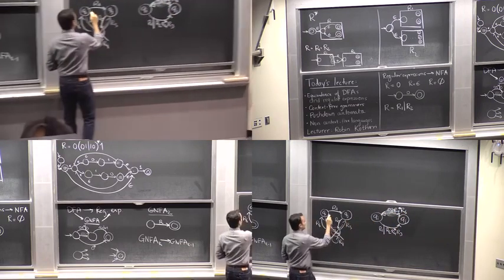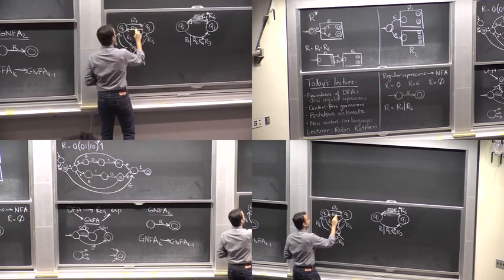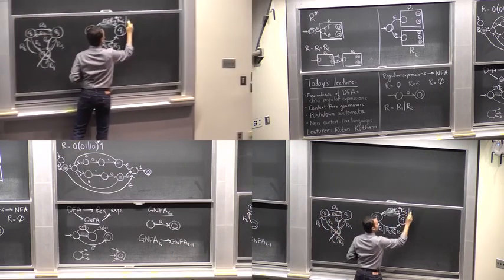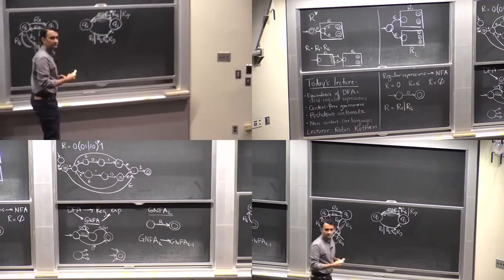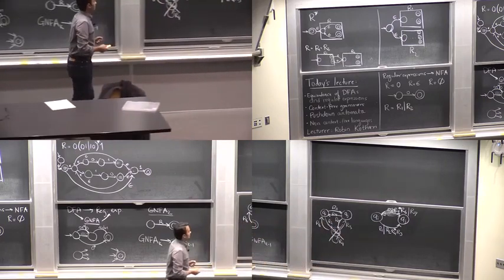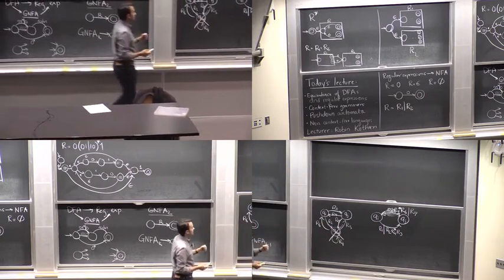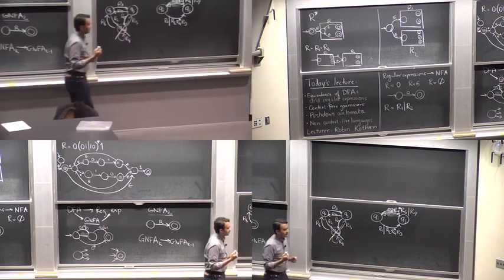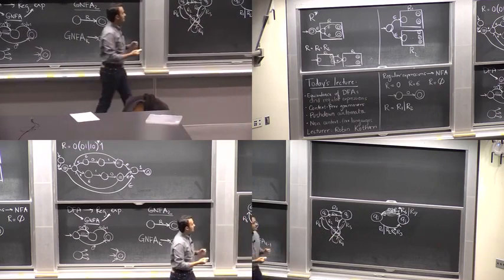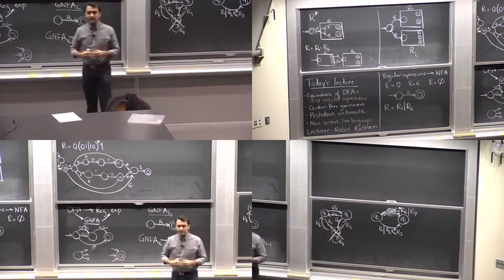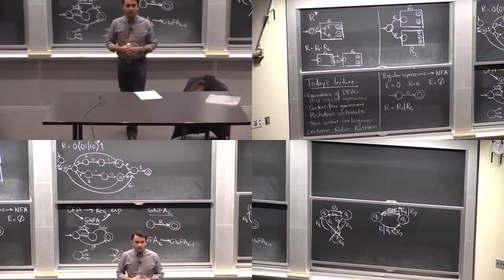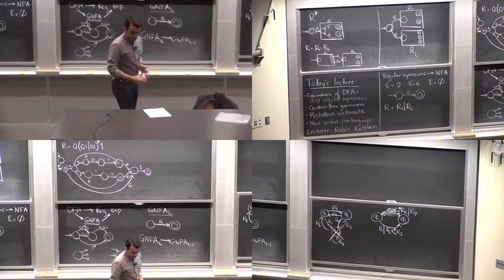And if there was originally some transition like this, maybe with R7, then you'll get another guy over here. So this is the process of ripping out one state from your GNFA and still preserving the language that the GNFA accepts. Does that make sense to people?